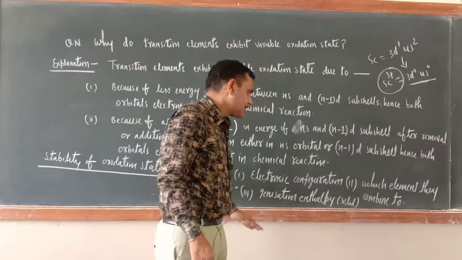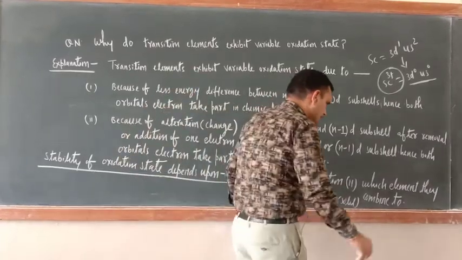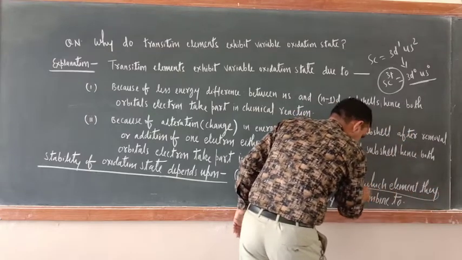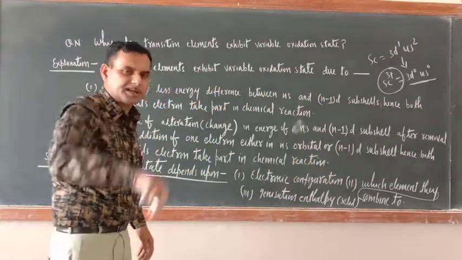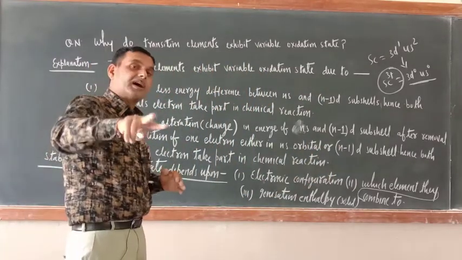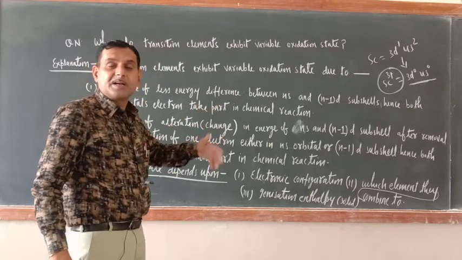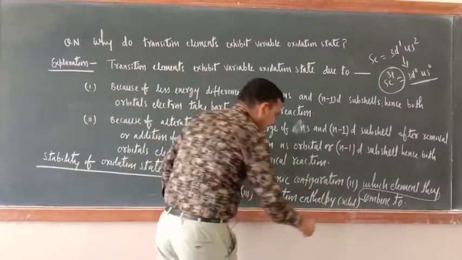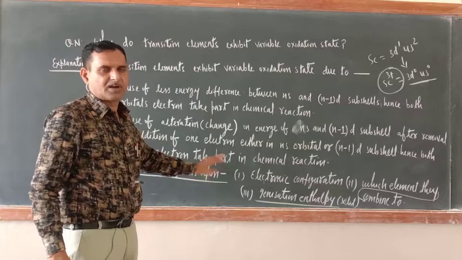Next one is which element they combine to. Which element they combine to means which element they are reacting with now. So stability of oxidation state depends upon that also, which element they are combining to. Okay. Next one is the ionization enthalpy. Ionization enthalpy of the element also matters a lot.